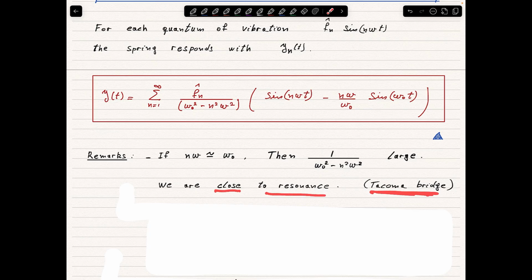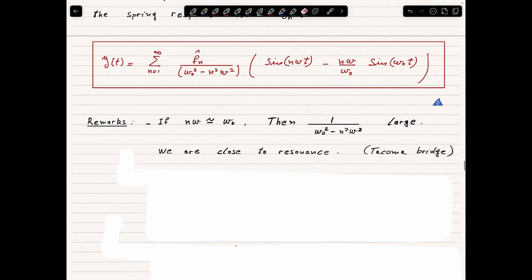In the Tacoma bridge, it's not that we got exactly one of the natural frequencies of the system equal to one of these harmonics, but it was very close, and that is enough. So this term is really big, bigger than what the bridge can hold, and it broke. So we are close to resonance, and we want to avoid that if you are building something.